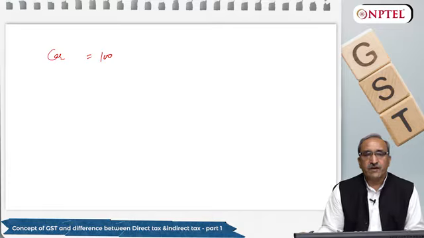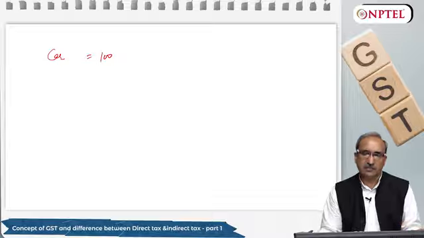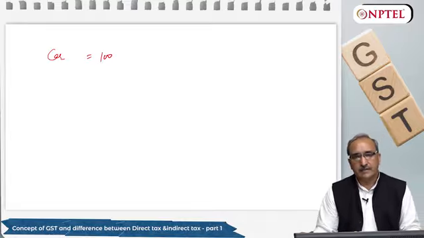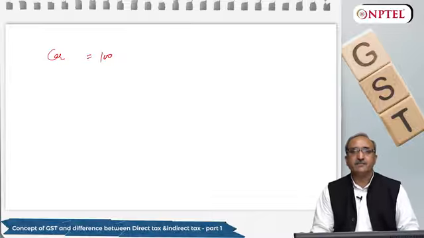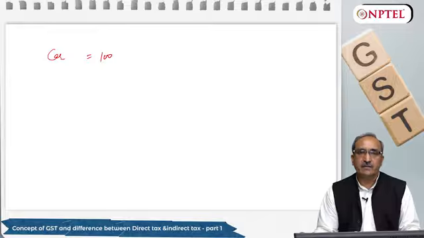So if the car has a value of rupees 100 and I, being a consumer, go to the dealer to purchase a car, he will ask me for X amount to pay. So how was the pricing of the car done during the pre-GST regime? We will discuss that in this example. In that era of pre-GST, as I told you, excise duty was applicable, service tax was applicable, VAT and sales tax were applicable.